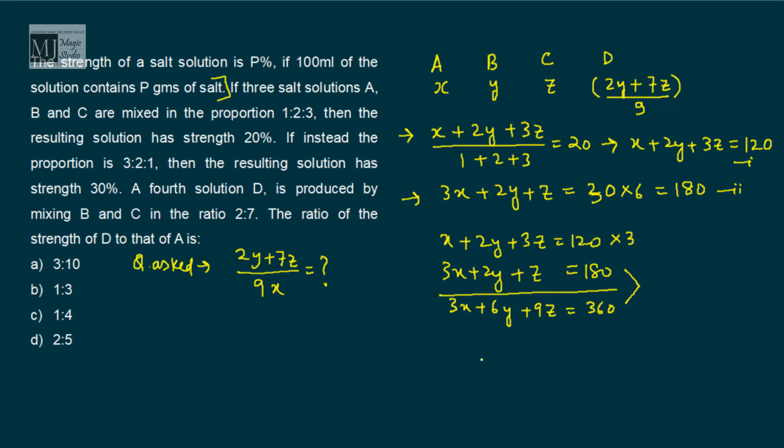If I subtract these two, I'll have 4y plus 8z equals 180. That will give us y plus 2z is equal to, dividing by 4, 45.